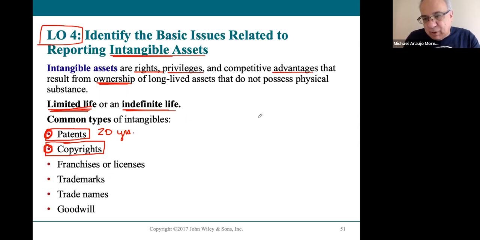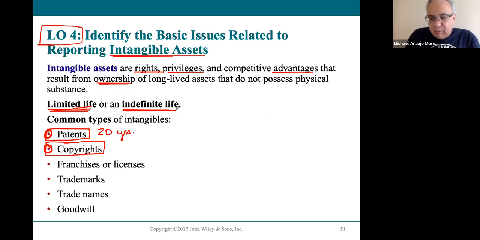So whether it's a book, whether it's music, whether it's computer code, whether it's a cartoon character, these types of things can be owned or copyrighted material. Could be broadcasting, could be other types of things like this. So copyrights are those types of rights. So for a singer, for an author, these copyrights have, in essence, an indefinite life.